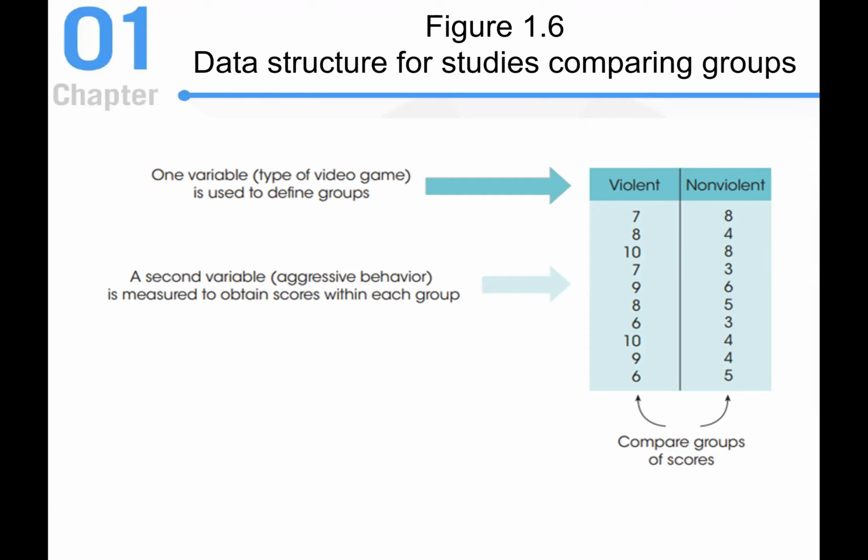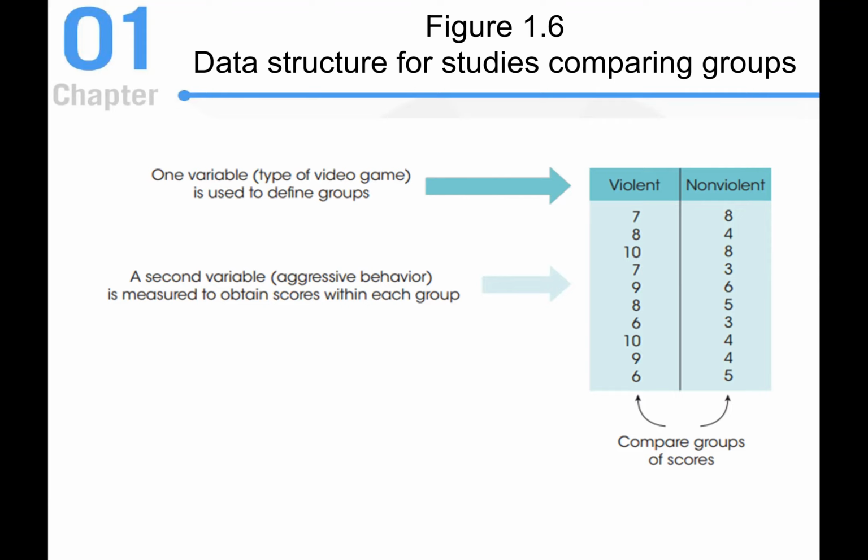The one variable, video games, is going to define the two groups. The second variable is something that we are going to measure to get scores for each group. The second variable in this case is aggressive behavior.